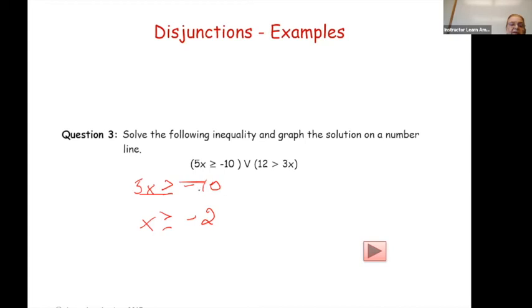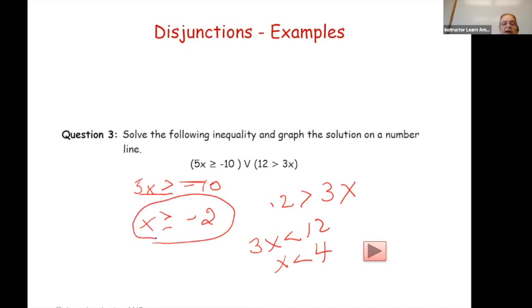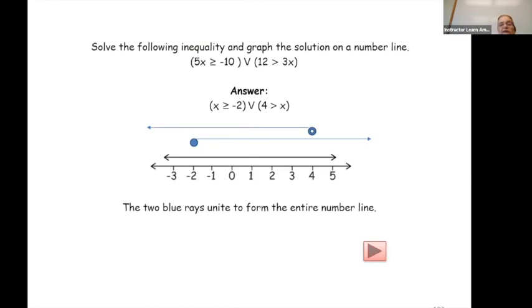Okay, here we have 12 greater than 3x. Might want to rewrite this as 3x is less than 12, x is less than 4. So we have the disjunction, x is greater than or equal to -2 or x is less than 4.